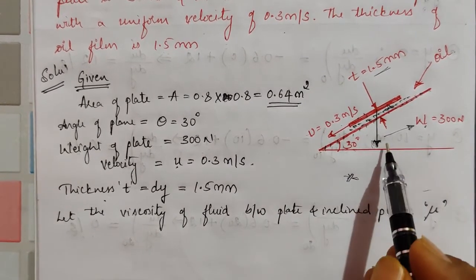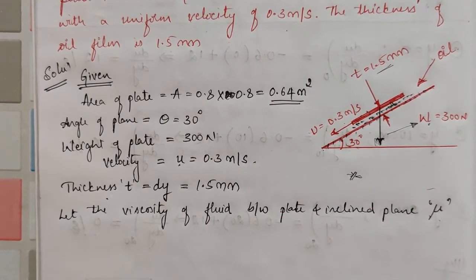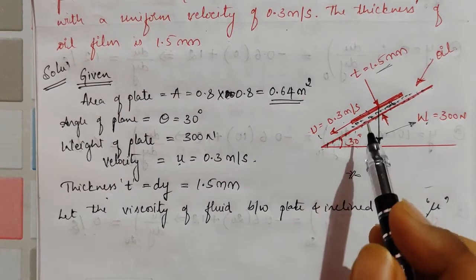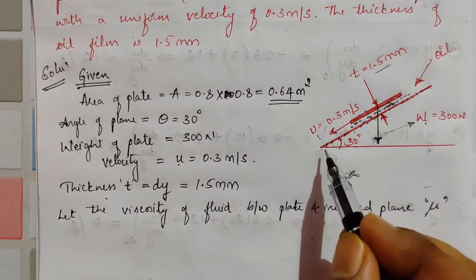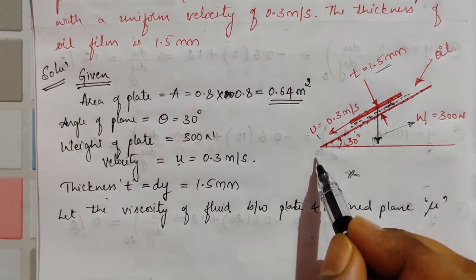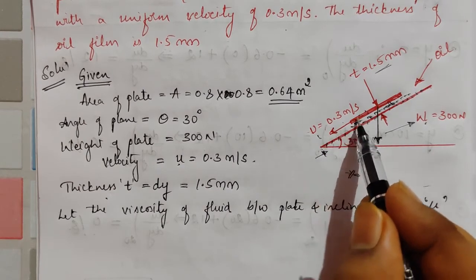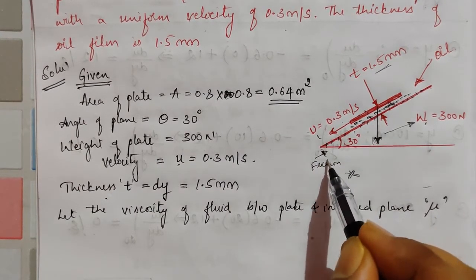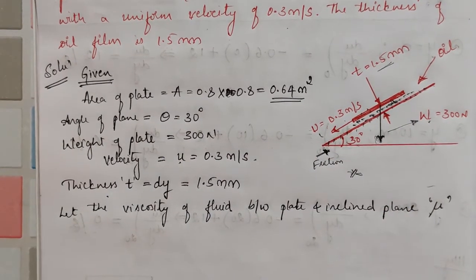Okay, now see here, this is 300 Newton. Okay, so u is the velocity. In your first year you have learnt when the velocity is like this, some force will be there. If velocity is sliding this way, the friction force will be opposite to the velocity of the plate.